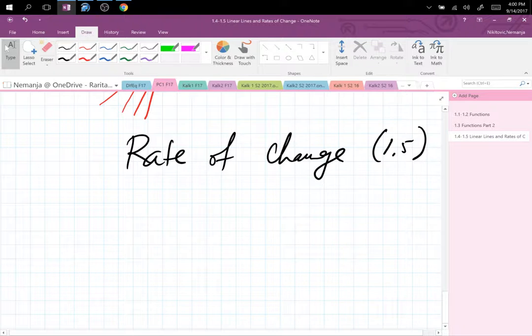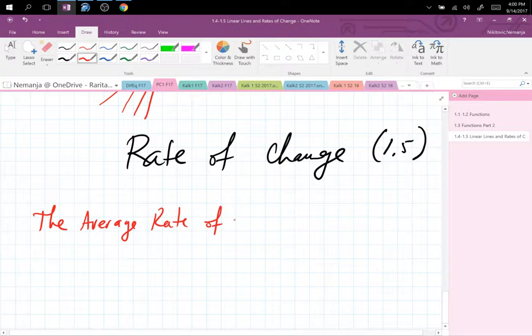So the average rate of change of a function. That's the actual title.